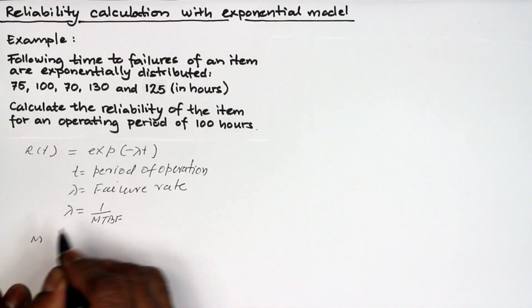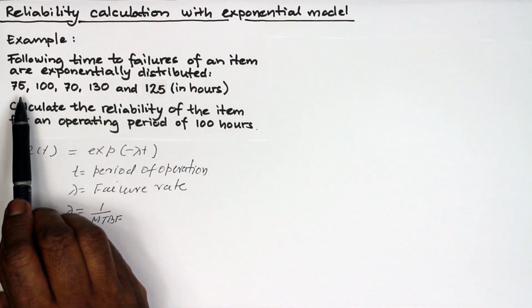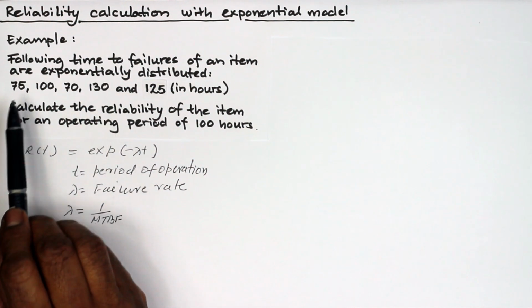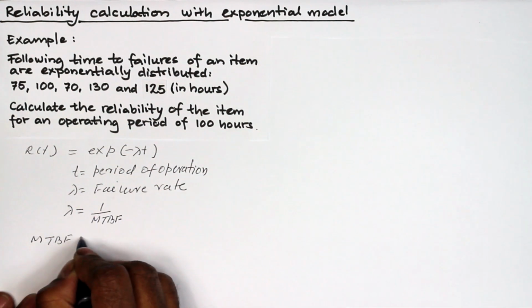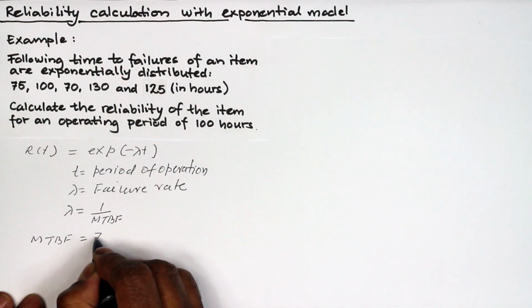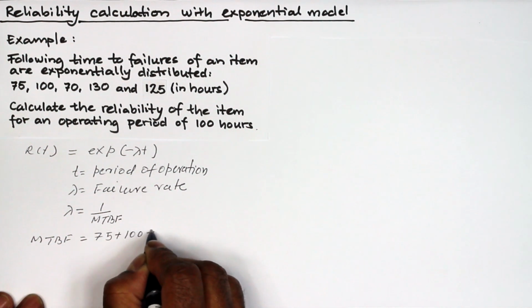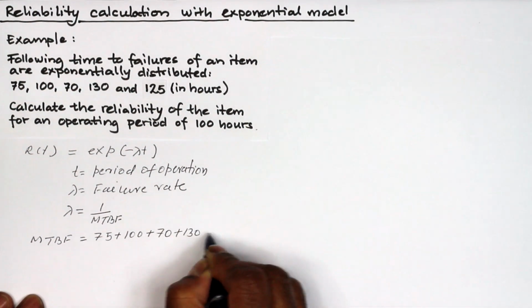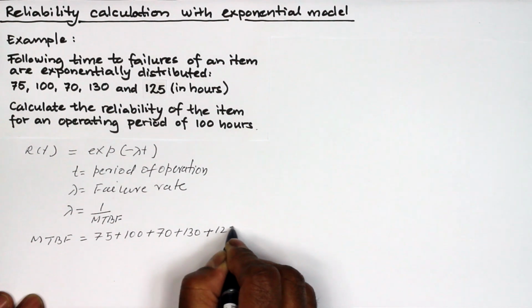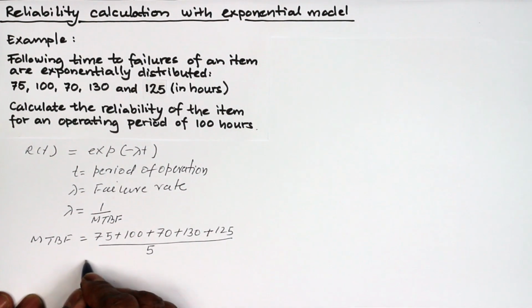Mean time between failures for this item can be easily calculated through the arithmetic mean of time to failure. That is, mean time between failures becomes 75 plus 100 plus 70 plus 130 plus 125, divided by the number of failures, that is 5.